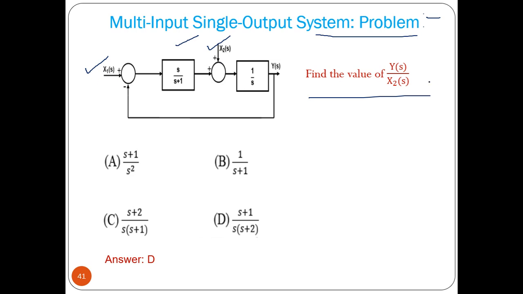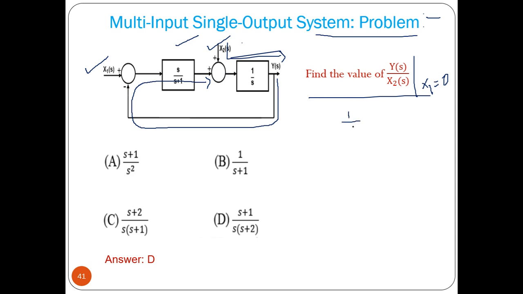That means we have to consider that time X1 equal to 0. If X1 equal to 0, what will be the block diagram? This is your forward path, X2 to Y(s), and this is your feedback path. Now here minus into plus, it will be minus.